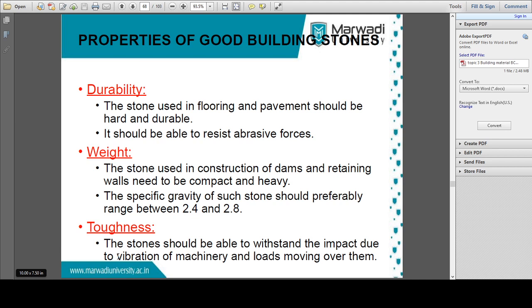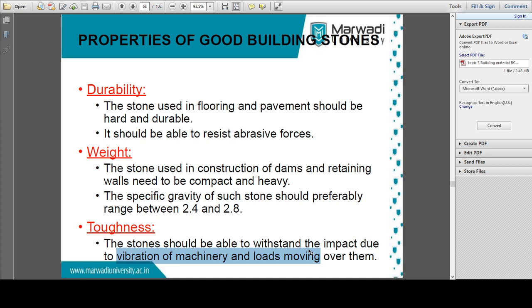Another example of impact loading is the vibration of machineries. The persons or the students who belong to mechanical engineering are always dealing with machineries. If you place any machinery and operate this machine, then certain frequencies will be generated inside the machine.